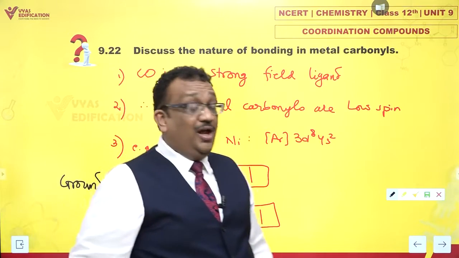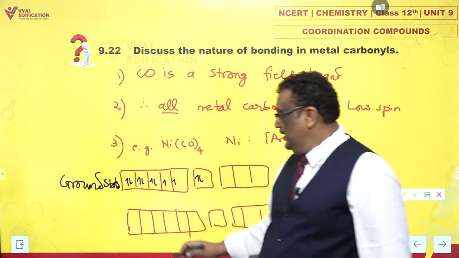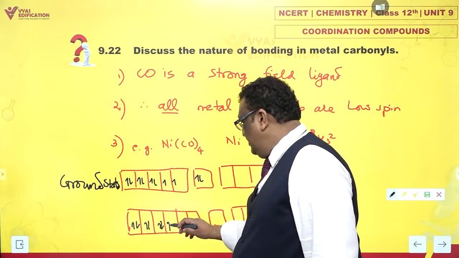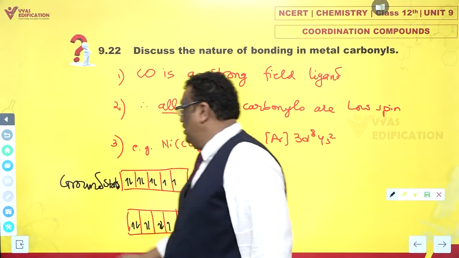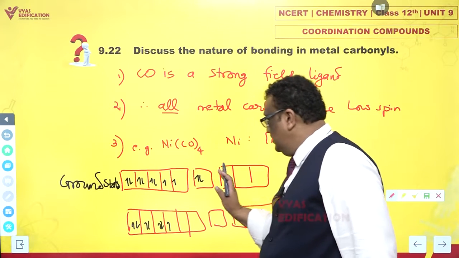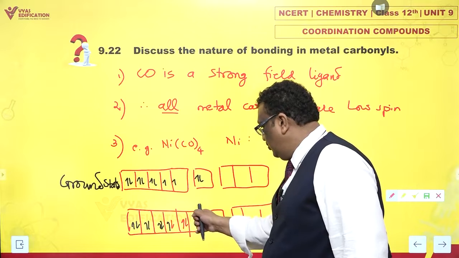But since carbon monoxide is a strong field ligand, it is going to push the electrons in, and you find 1, 2, 3, 4, 5, 6, 7, and some rearrangement happening. These electrons get pushed. This electron is pushed here, they both are pushed here, and this is what you get.